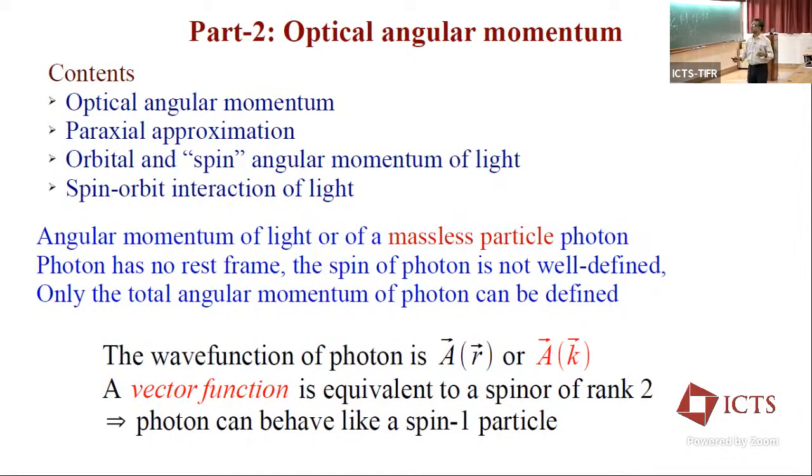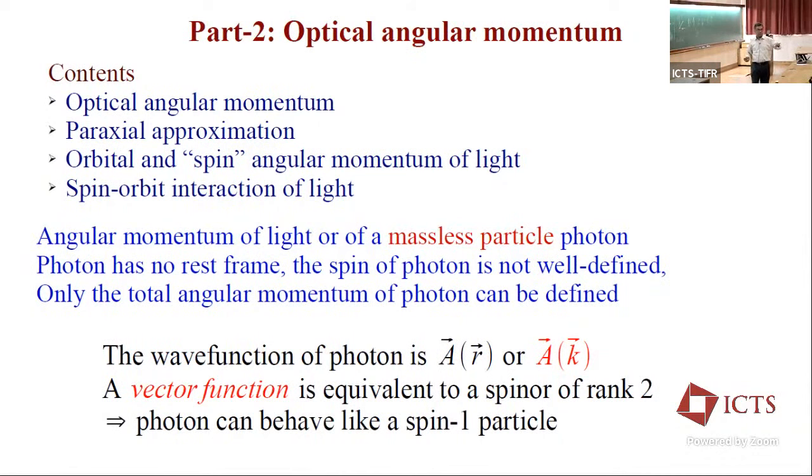That is the paraxial approximation. And then you can split the total angular momentum. We don't say orbital or spin, we call it optical angular momentum. In fact, in Landau-Lifshitz's relativistic quantum mechanics, they call it optical angular momentum. Then in Guwahati's book, also optical angular momentum. So this is the well-known optical angular momentum.